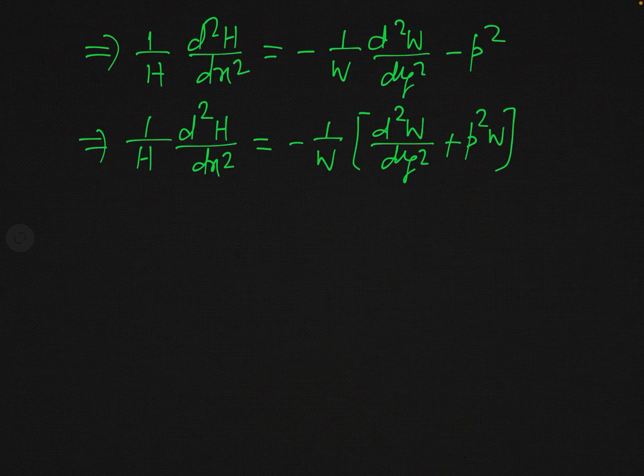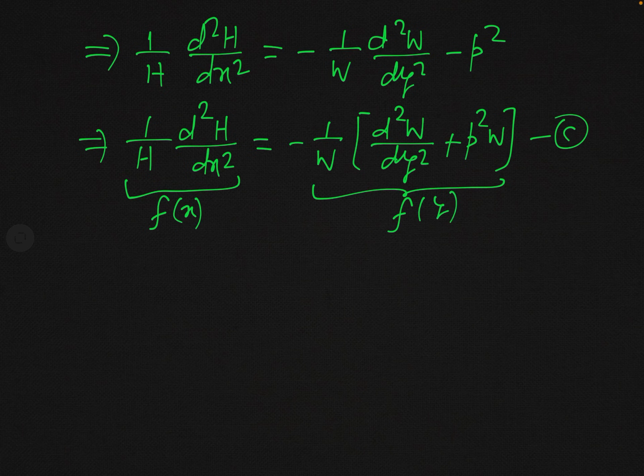Let us say this is equation C. Now you can see the LHS of this equation is a function of x only, and the RHS is a function of y only.